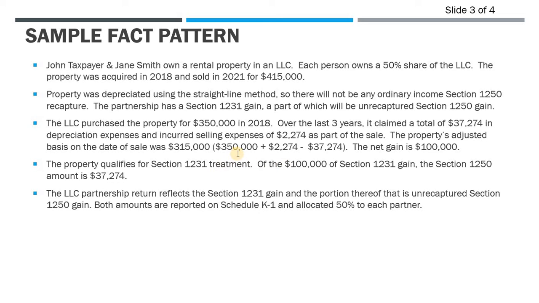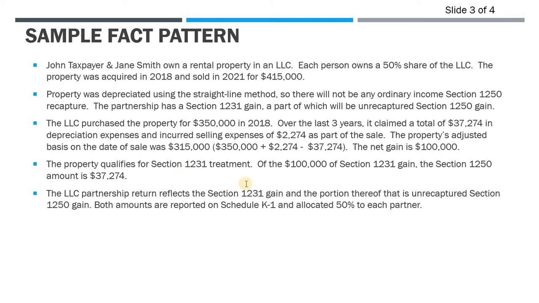So that's how we got that amount: our initial costs plus our selling expenses, and then subtract out the depreciation, which reduced our adjusted basis in the property. So the net gain at the partnership level is $100K. This $100,000 is the Section 1231 gain, and remember, of the $100K, the component that is Section 1250 is $37,274. That's the depreciation.